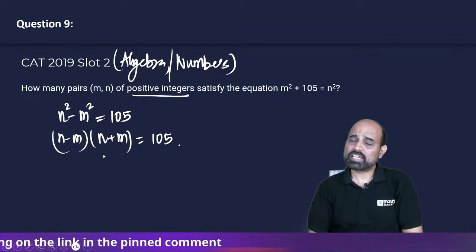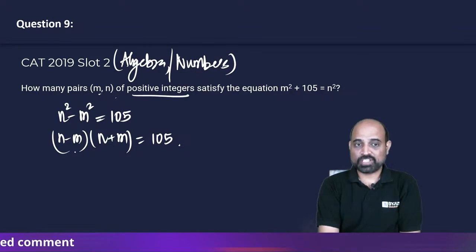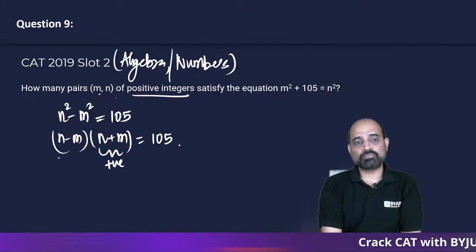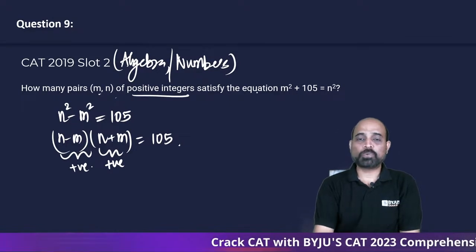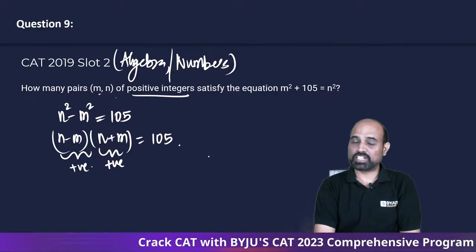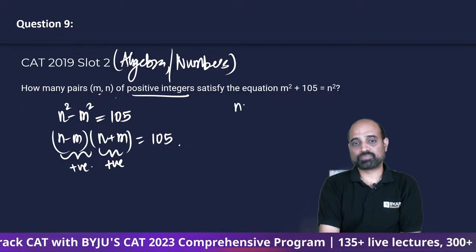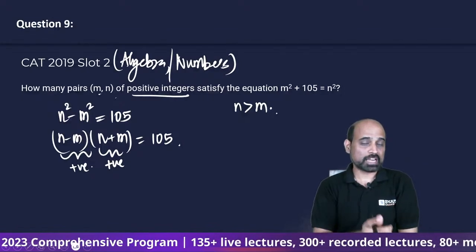Look, m and n are both positive integers, and the sum of two positive integers is positive. So I need to make sure that n minus m is also positive. So when you have two positive integers and their sum is positive, their difference is positive, one thing is fixed, that n has to be greater than m. You can't write 1 minus 2 for n minus m.